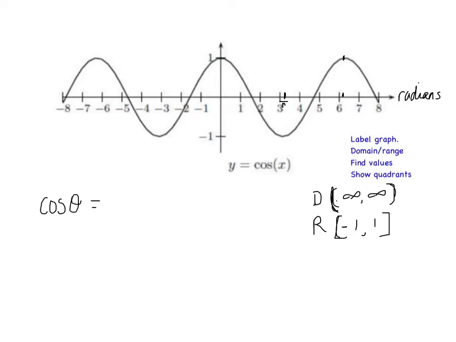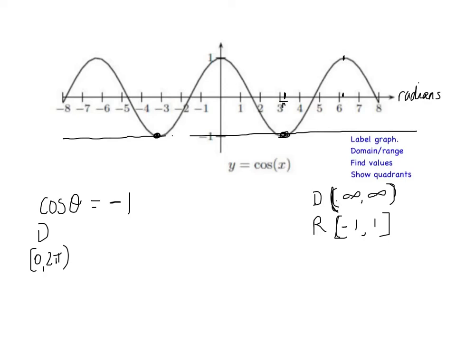So for instance, what if I want to know for what angle is the cosine equal to -1? So here's the cosine. This would be the y value. Over the entire domain, there are going to be more than one answer. Now, if I just want the answer from the domain of 0 to 2 pi, notice it contains 0 but not 2 pi, then that's just one value, and that would be at pi.